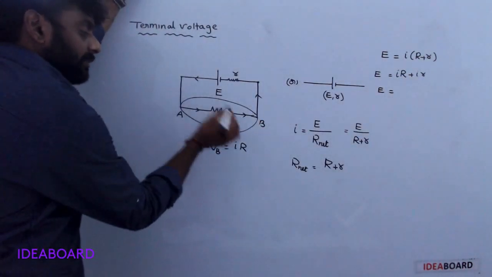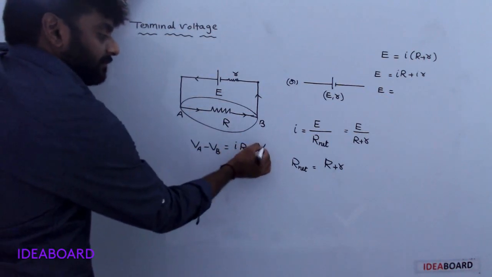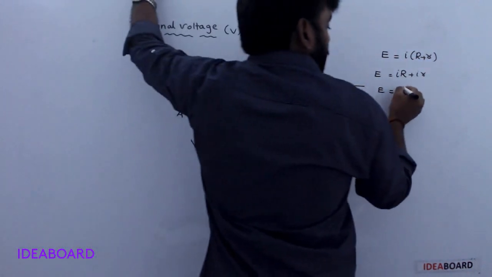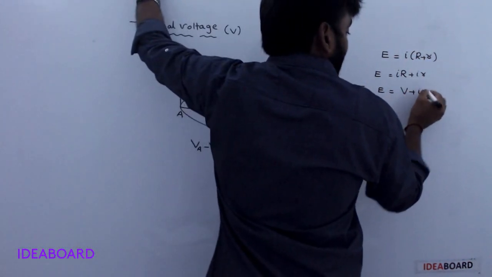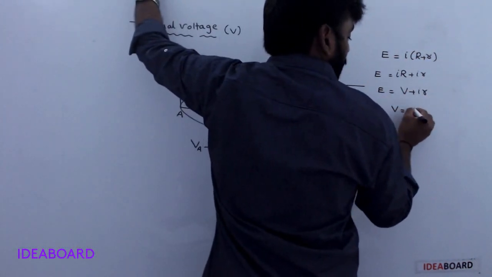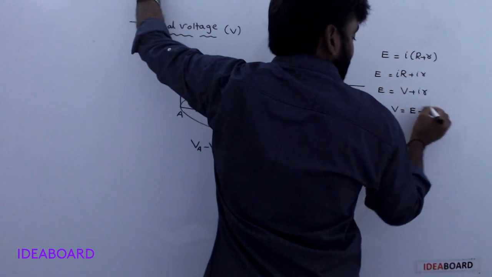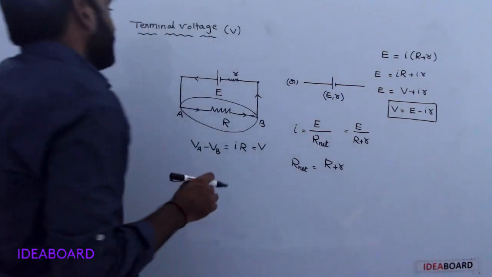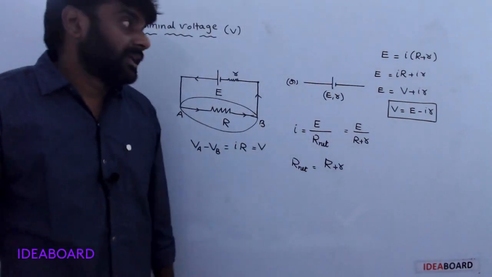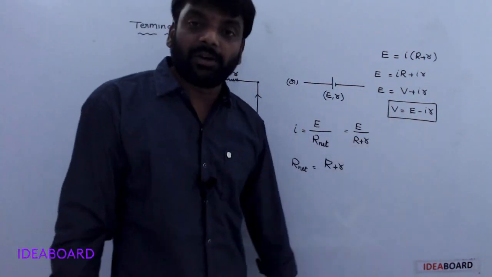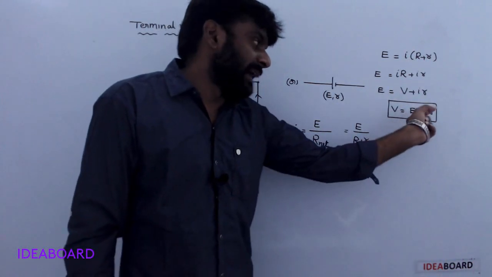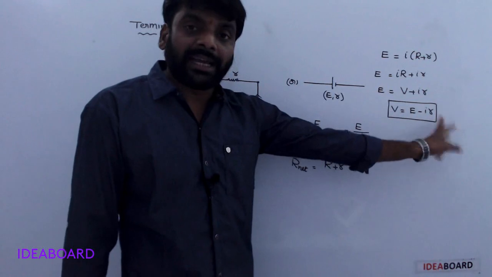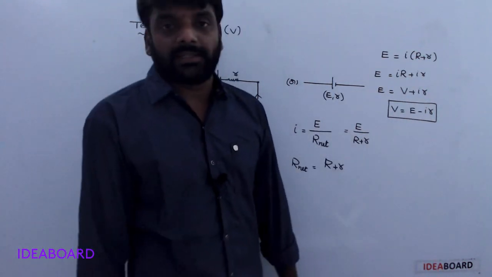Here IR is the terminal voltage, simply represented with V. So E equals V plus Ir, and V is equal to E minus Ir. This is the terminal voltage. Terminal voltage V equals E minus Ir.